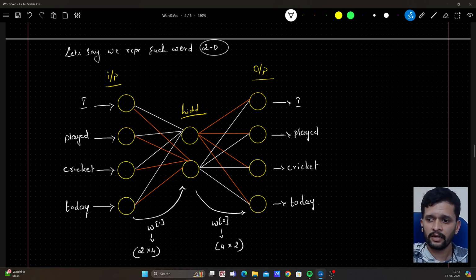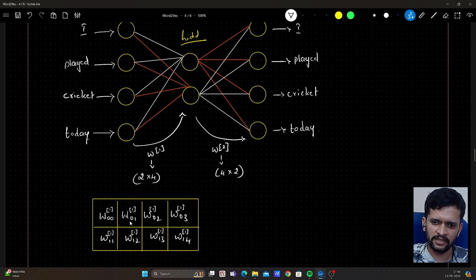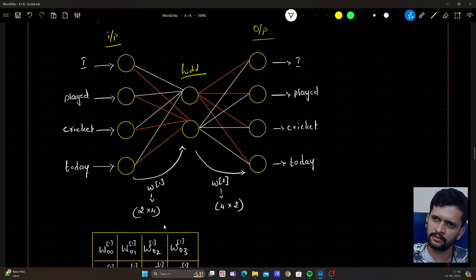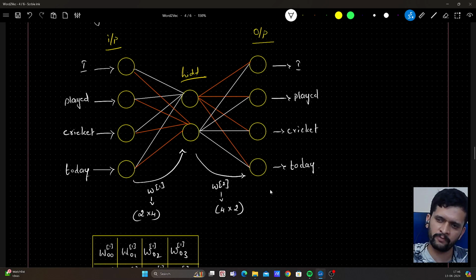Now, in case of training, while I train, I'll randomly initialize these weights to some numbers, right? Each layer of the neural network will have some weight matrix associated with it, which will help us to reduce the loss function in the end.